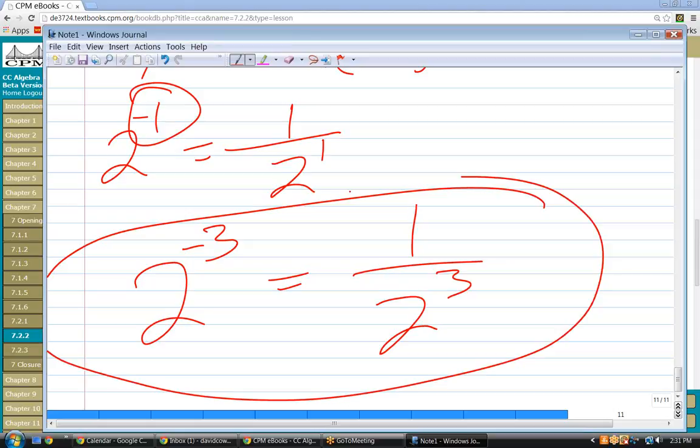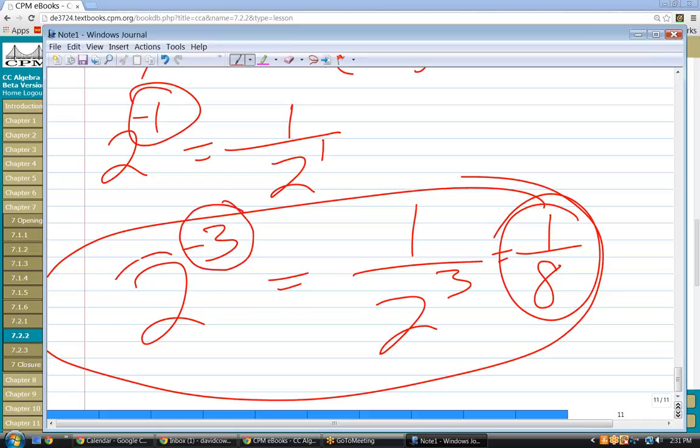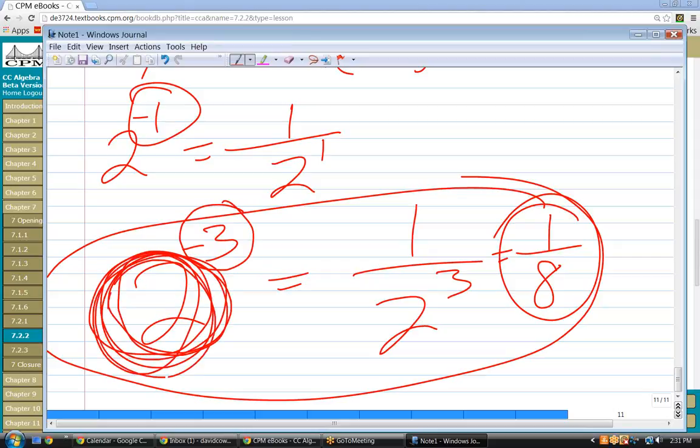You have to know that. In other words, you have to know what a negative exponent means. Notice that a negative exponent has nothing to do with negative numbers. 1 over 2 cubed is merely 1/8. That's a positive number. In fact, if this number is always positive, then it's always going to be positive, whether the exponent is negative or positive.